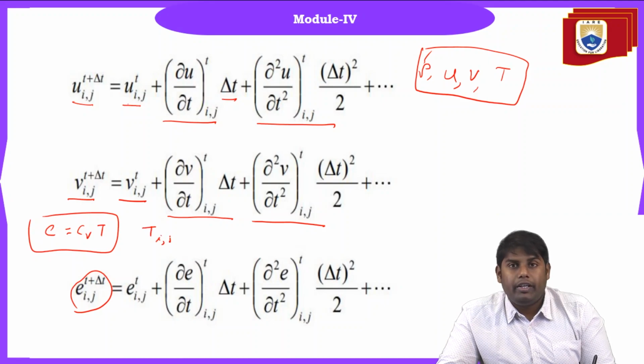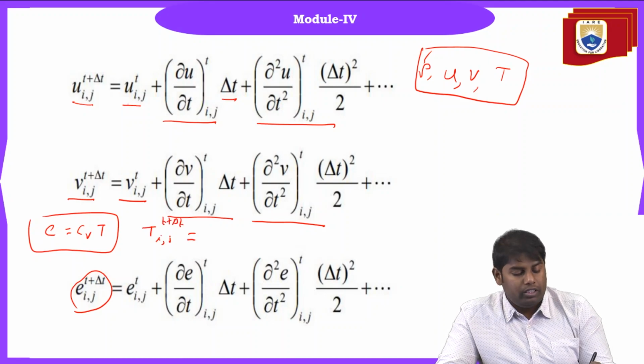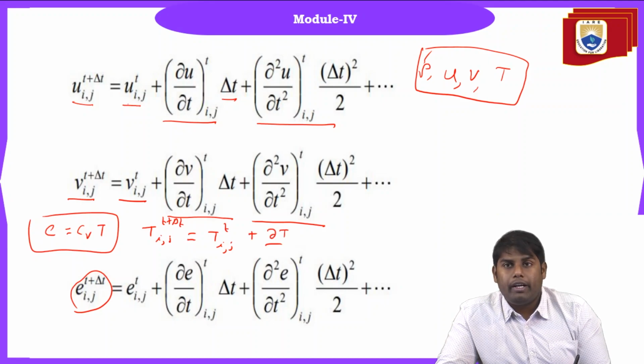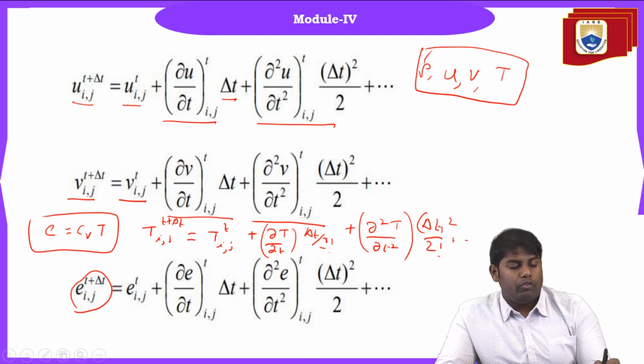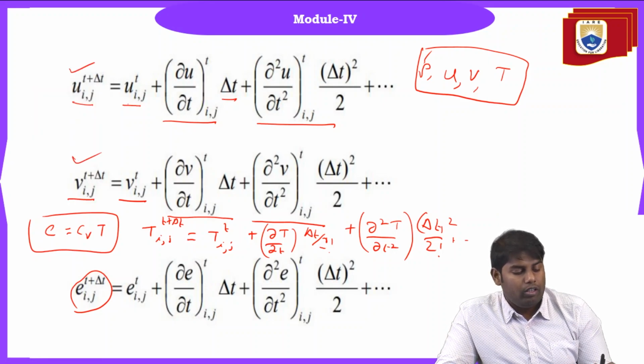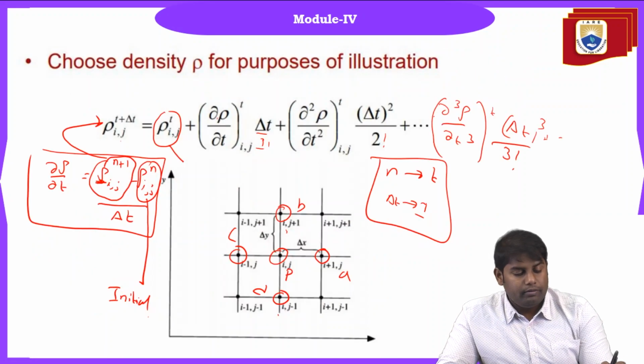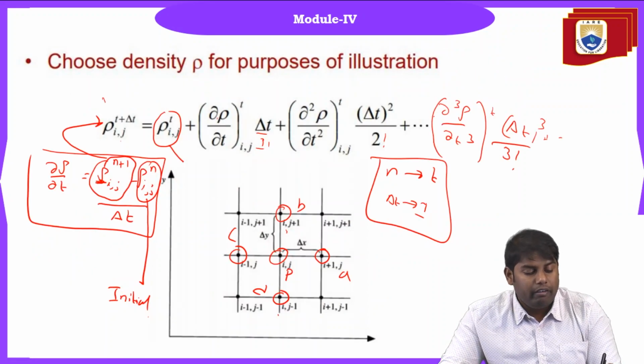T of i, j to the power of t plus delta t is equal to T of i, j to the power of t plus ∂T/∂t into delta t by 1 factorial plus ∂²T/∂t² into delta t squared divided by 2 factorial plus so on. So this is what we have. So we have u velocity, we have v velocity, we have temperature. Already here we have seen the density.